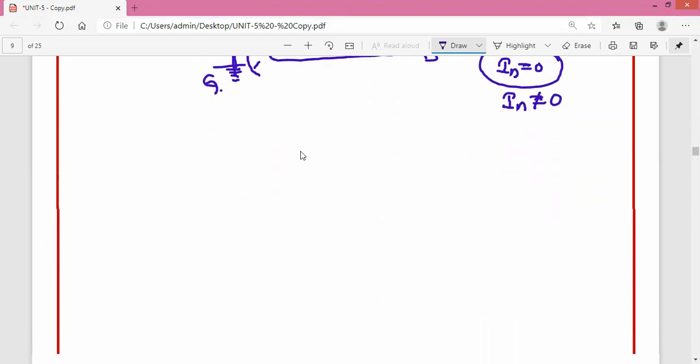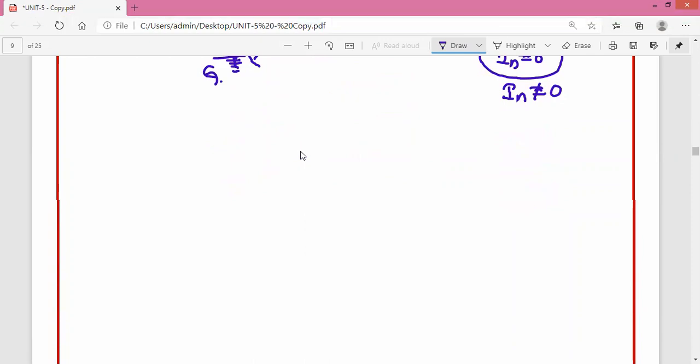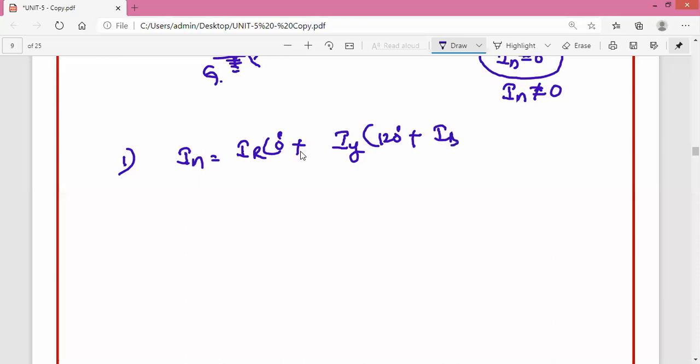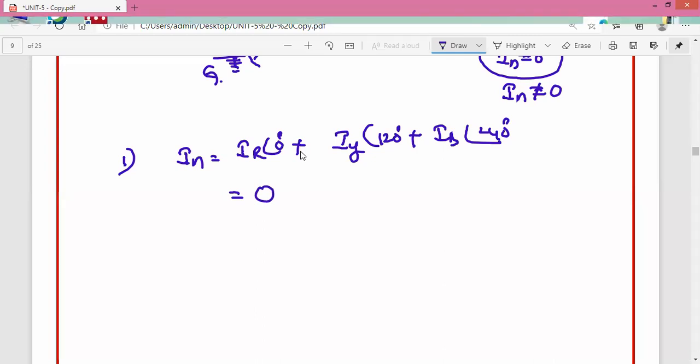So I will explain in detail. Generally, the neutral current is nothing but IR at an angle of 0 degrees plus IY at an angle of 120 degrees plus IB at an angle of 240 degrees. Right? So in a balanced system, the value will be 0.